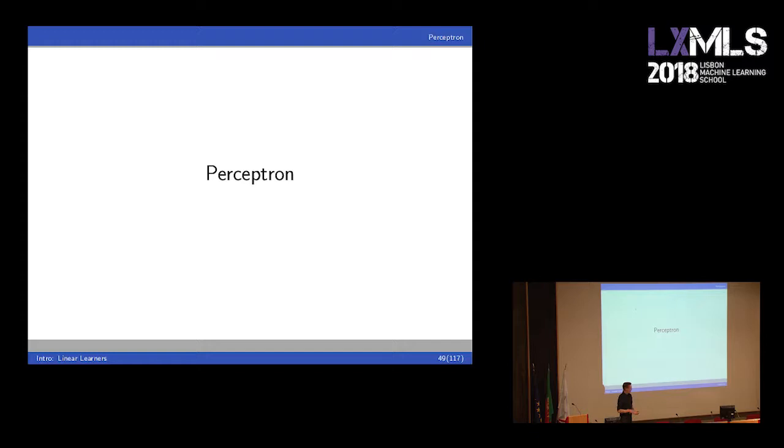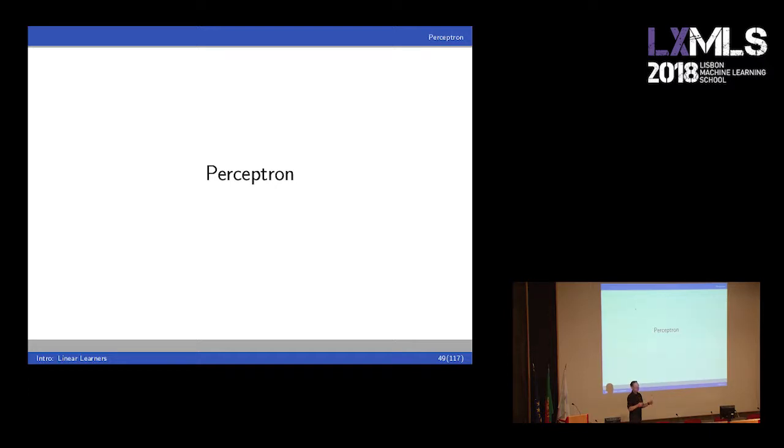And the perceptron is one of the few algorithms that we will discuss that has been invented independently from my claimed framework of how machine learning algorithms have to be developed. Like, first you have an objective, and then you take convex optimization to it, and you derive the algorithm.